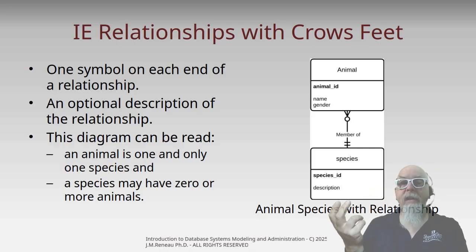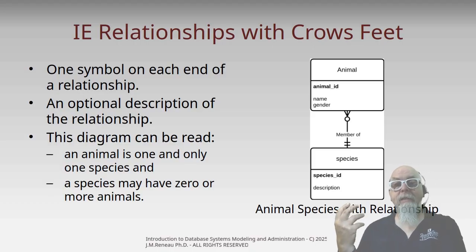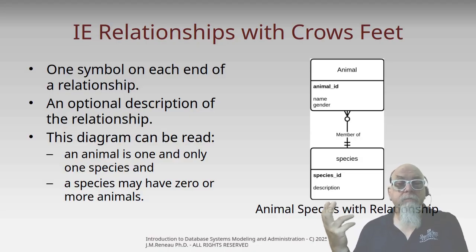The animal would have a name and a gender and other things, but each animal would also be a member of a species. So the species entity would be a categorical entity that just contains categories like D for dog, C for cat, H for horse, B for bird, X for axolotl. I don't know.